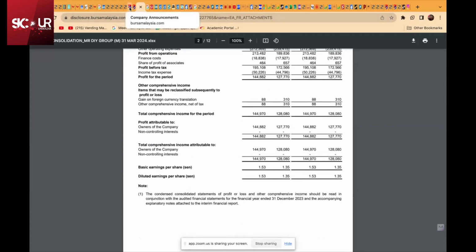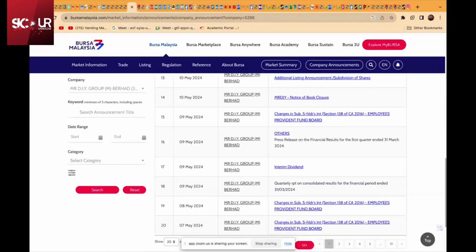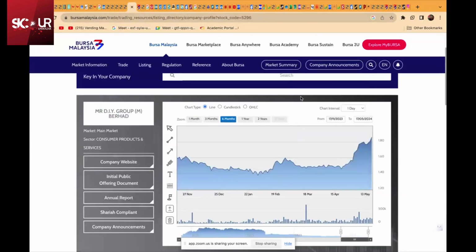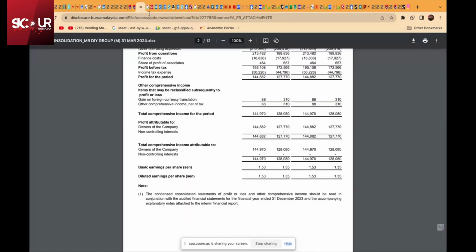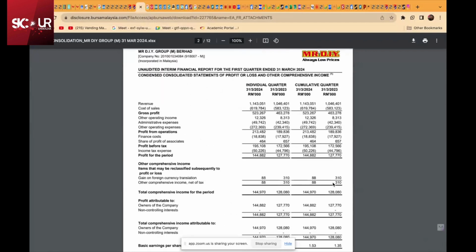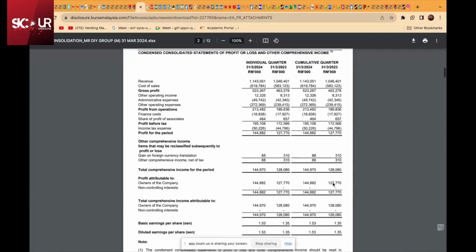The share price closed at 1.86, and here the quarterly earning per share is 1.36. We can assume we can annualize this.